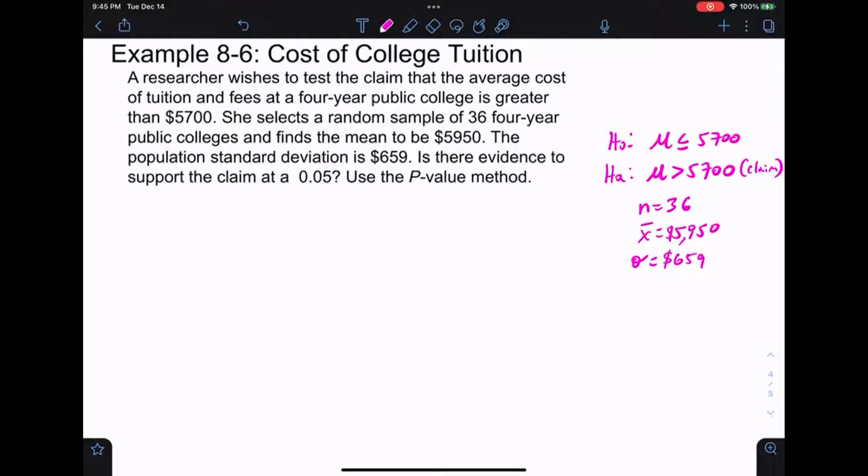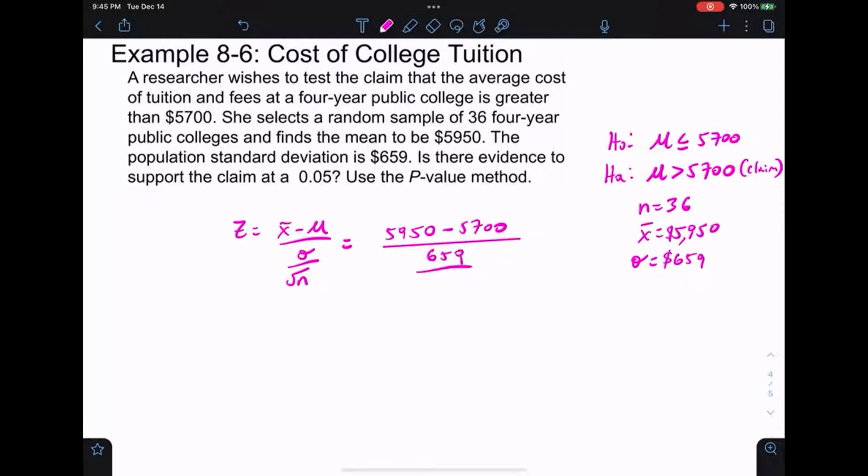The first thing I need to understand is that this is a z test, because the sample size is 36 and they give me the population standard deviation, so I can use the z test. So this is X bar minus mu over sigma over the square root of n. X bar is 5,950, the mean is 5,700, sigma is 659, and n is 36.